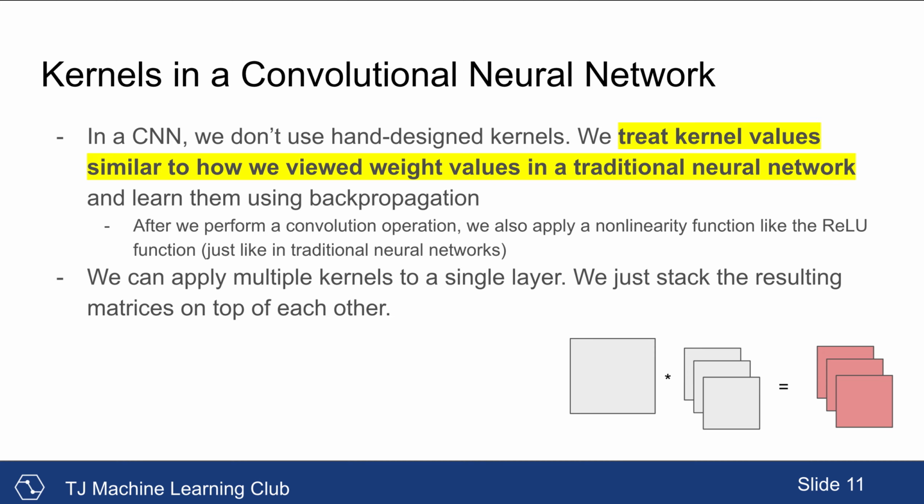Another interesting thing to note is that in one layer, you can imagine that we apply a kernel or multiple kernels to an image. Let's say this is a grayscale image where each pixel value ranges from 0 to 255 and is represented by one number. Now, this is a 2D matrix, and let's say we want to apply multiple kernels.